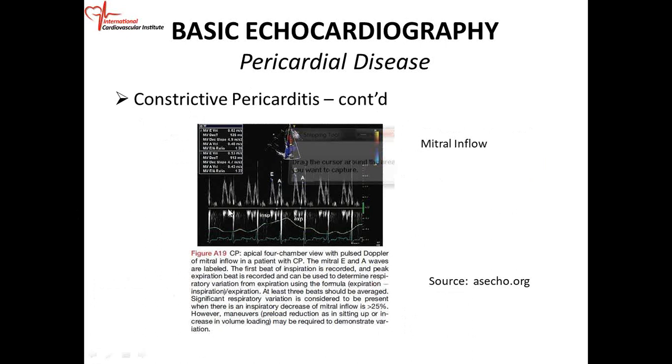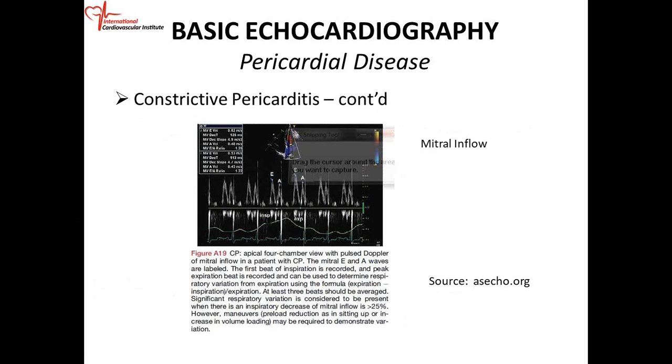So of course, when you do your mitral inflow, you get inspiratory decrease in your E. When the patient breathes in, for the same reason as tamponade, you're going to get inspiratory decrease in your E and A velocity by more than 25%.